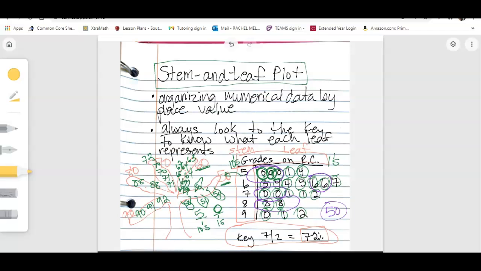So you go to the highest stem, and you go to the highest leaf on that stem. In this case, that would be 92 is the highest grade. Then you do the same thing for the lowest. You go to the absolute lowest, which for this is 5. And again, you go to the lowest, which would be 50.